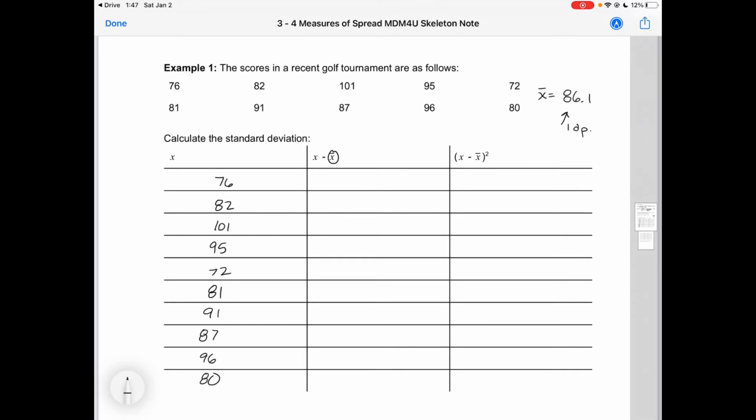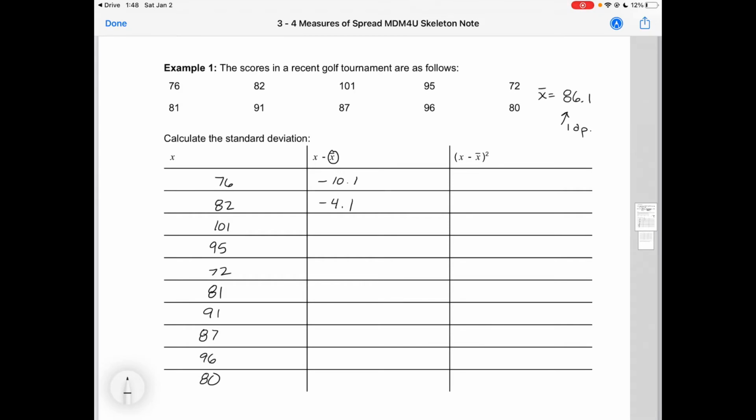So then in our second column here, to calculate the standard deviation, we're going to take our x value, which is our data point, and subtract the mean. You can get negatives or positives here. You should check this out with your calculator and make sure that you are getting the same values for the second column.